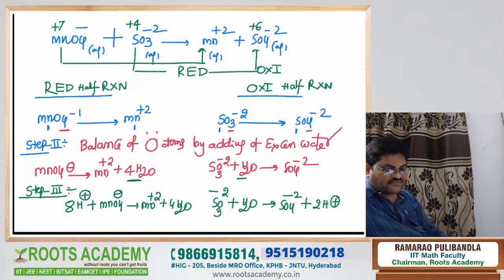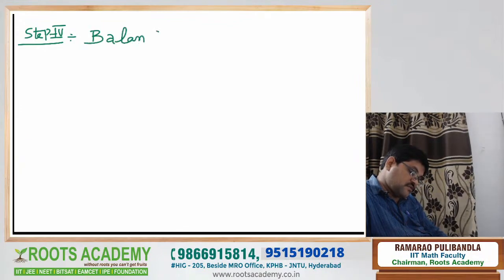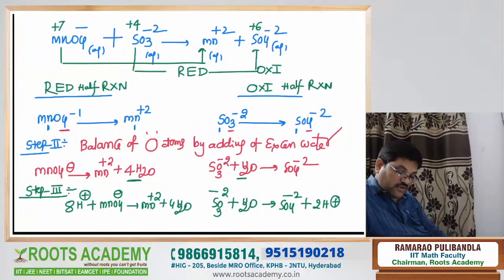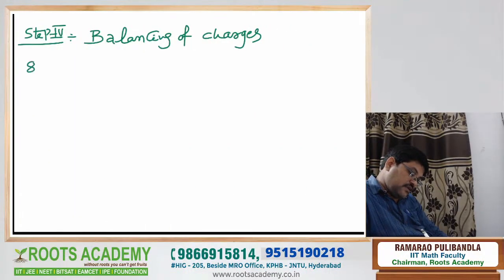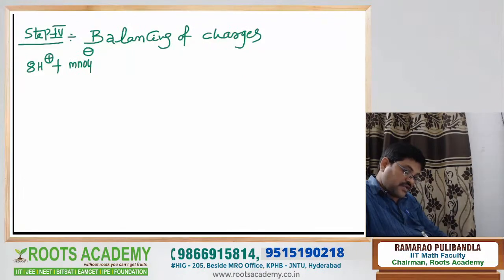Balancing of the charges. So, step 4 we write. Now regarding step 4, balancing of what? Charges. Now here, what is the equation you got? 8H plus ions plus MnO4 minus gives rise to Mn plus 2 plus 4H2O, right?